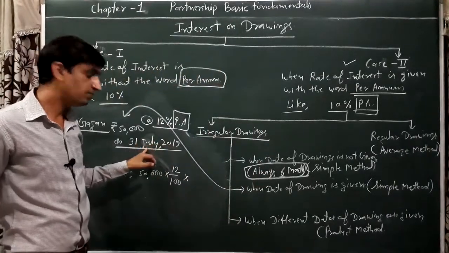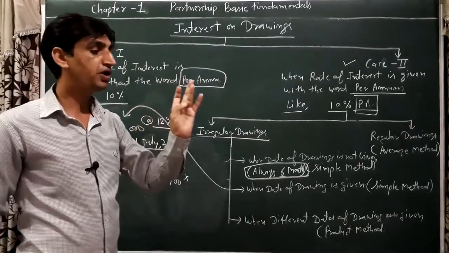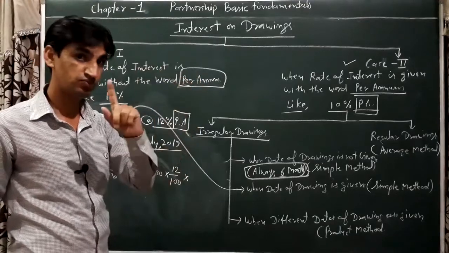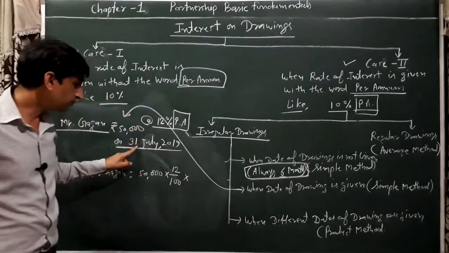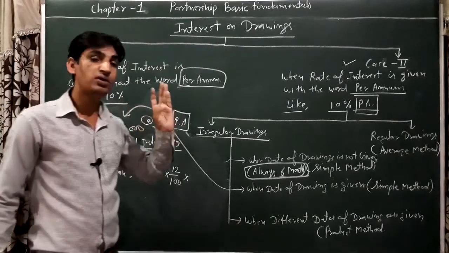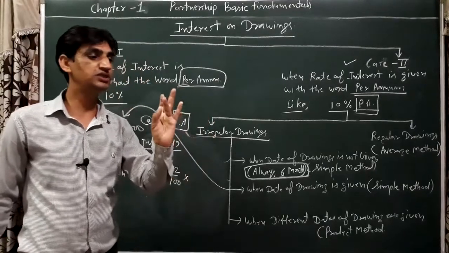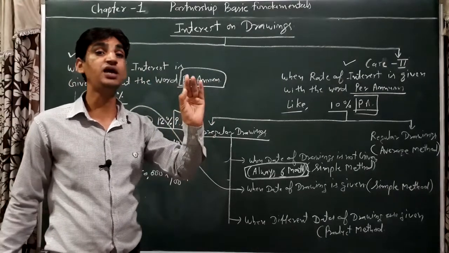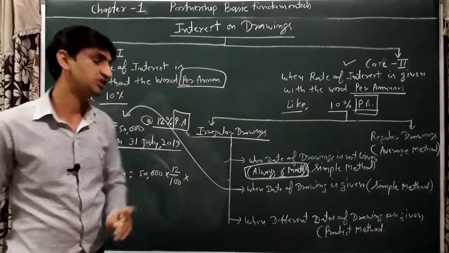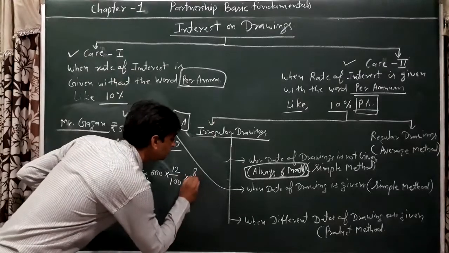So July month is over. August, September, October, November, December, January, February and March. Point to be noted, 31st July month is already over. So starting from August to March, the amount is used for 8 months by Mr. Gagan. So here 8 months interest will be calculated.